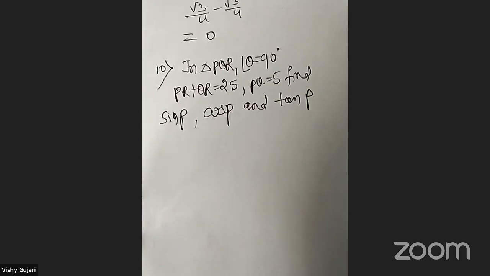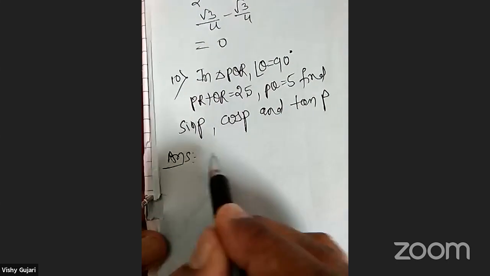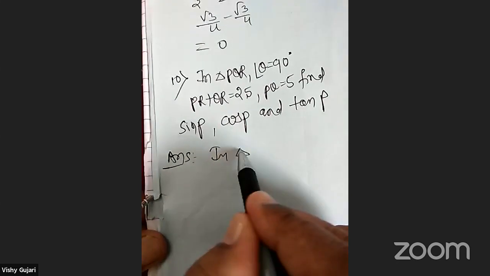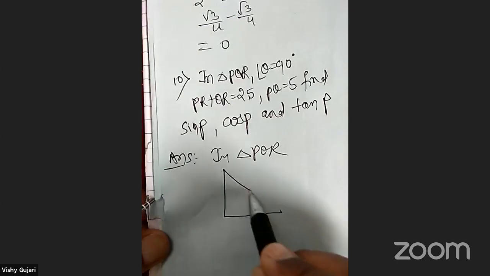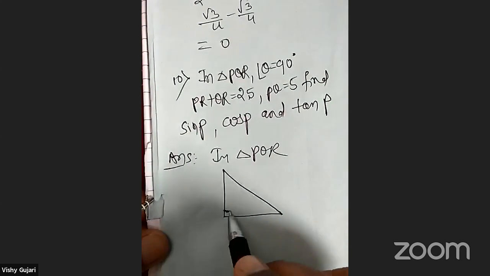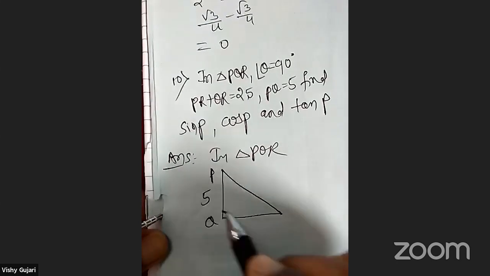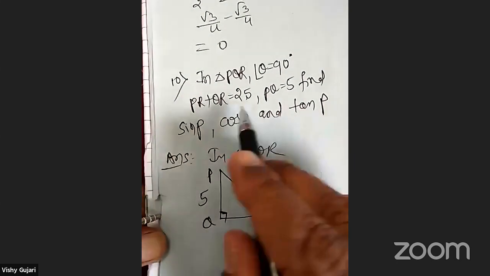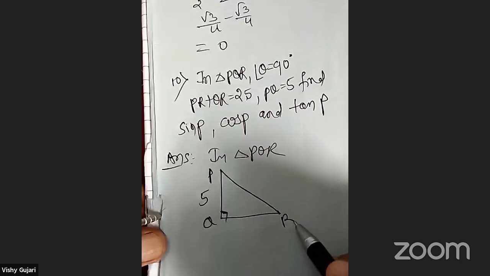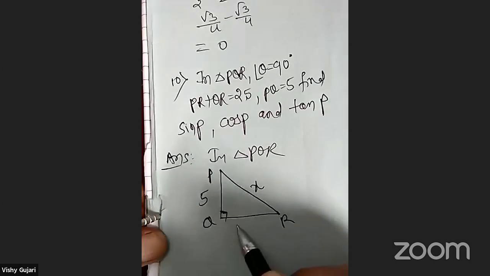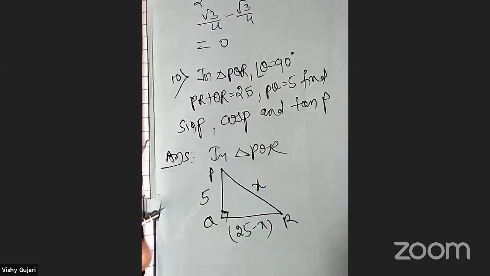Now look here. In triangle PQR, Q is 90 degrees, PQ is 5. PR plus QR is equal to 25. Let us take PR as X, then QR will become 25 minus X. Is it right?